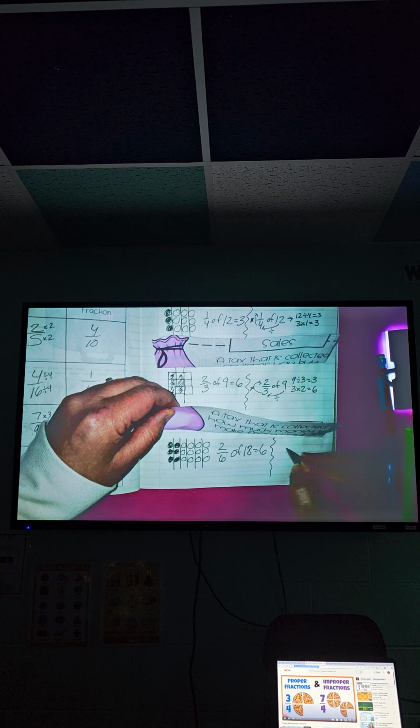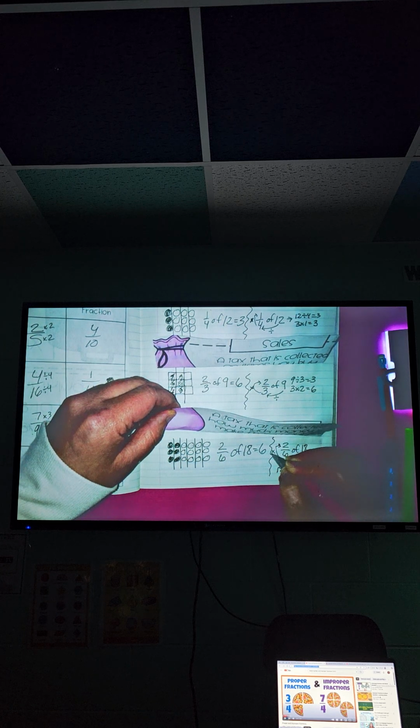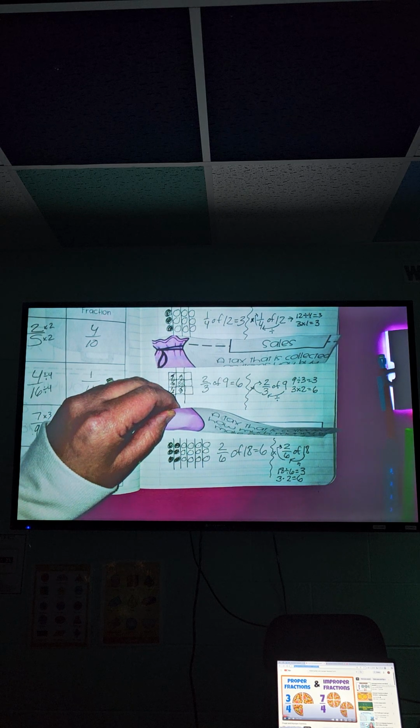And the mathematical way is 2 over 6 and 18. So take 18 and divide by 6, you get 3. And then you take that answer and you multiply by 2. So 3 times 2 is 6.